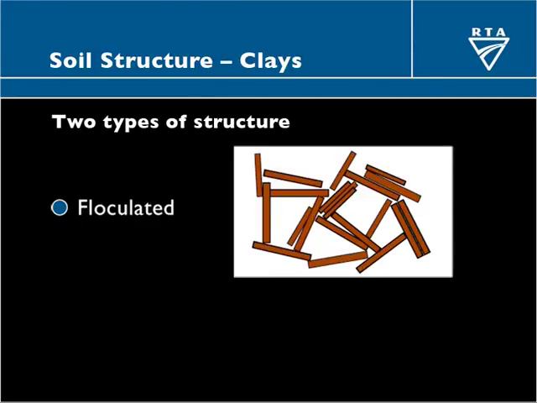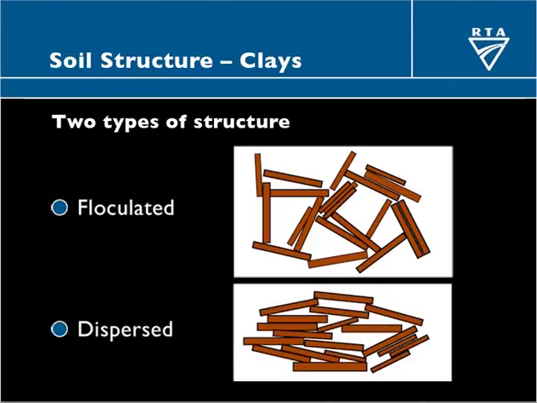The first is called flocculated, where the particles are predominantly in an edge to face contact, so that you can see they're held apart. There are large spaces between them. But overall, the structure can work a bit like a sort of truss system, and it can be quite strong and fairly difficult to deform. However, it's got a lot of void space in it. So potentially, that could be reduced quite a lot.